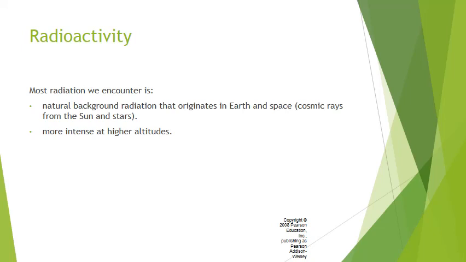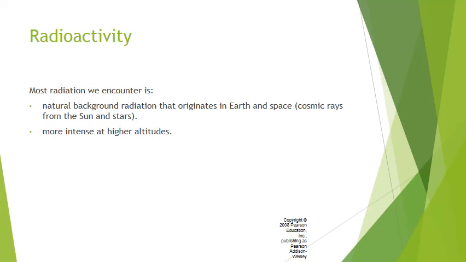Another source is gamma radiation from space, just gamma rays. Now, of course, our atmosphere helps to screen out a lot of gamma radiation, but if you're a high altitude pilot flying at 30,000, 40,000 feet on a regular basis, you are more dosed with naturally occurring X-rays and gamma rays from space.